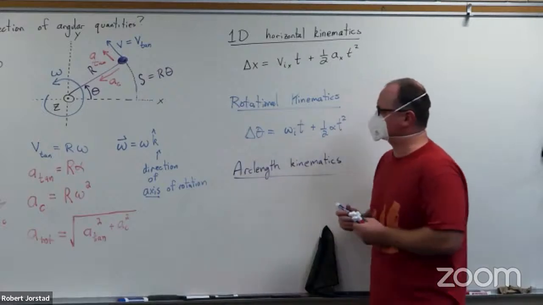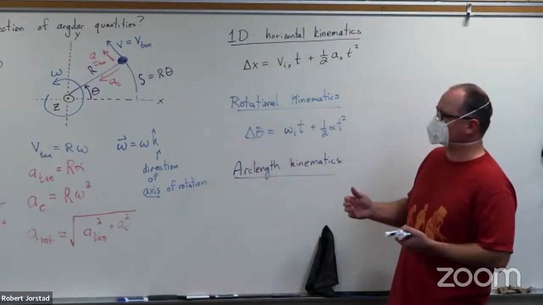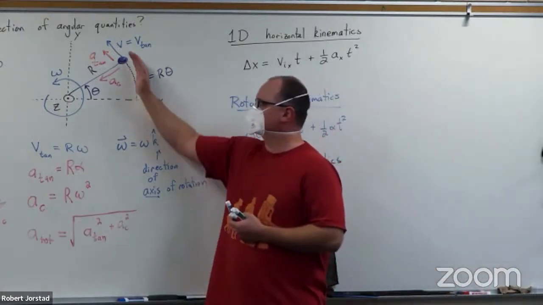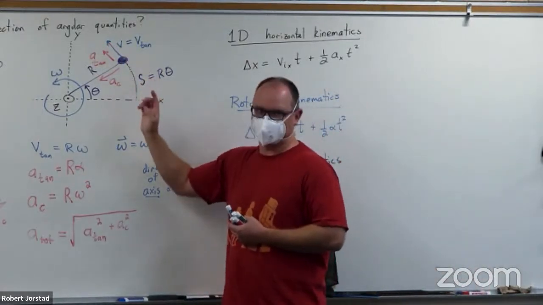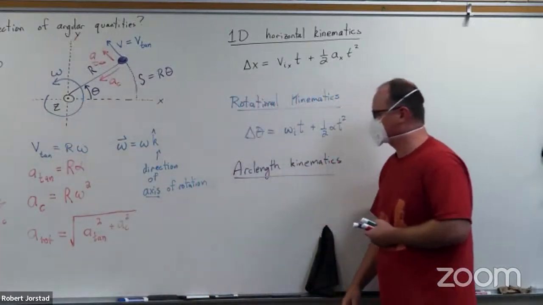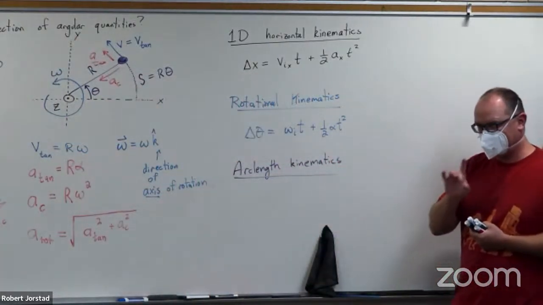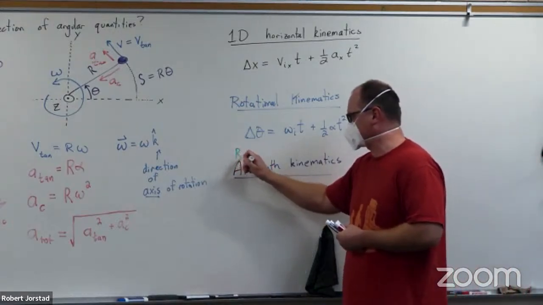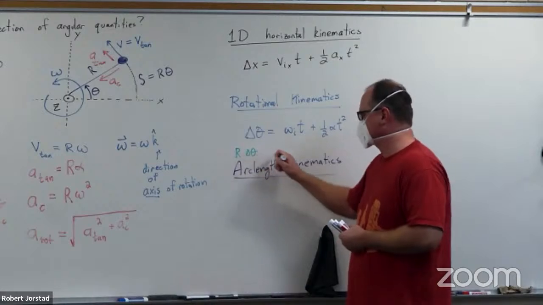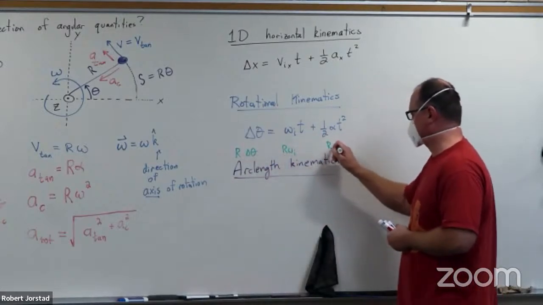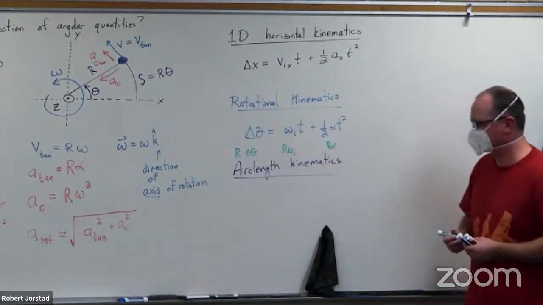The idea is we could talk about the angular quantities, but we could also talk about this axis, so to speak, around the circle, the arc length kinematics. Now check this out, everybody. What if I multiply this term and this term and this term by r?